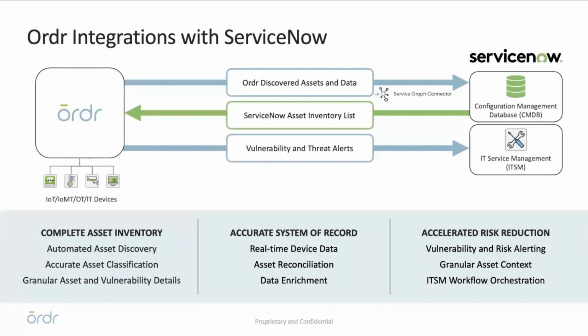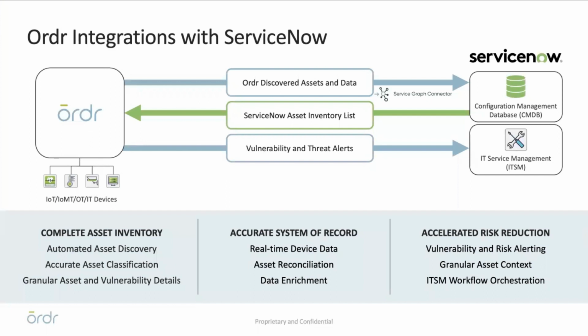And the second thing is we also pull the data from CMDB on all the assets that ServiceNow has, including the additional context that we might not be able to see using the passive traffic. And the last set of data that we exchange with ServiceNow is about our vulnerabilities and threats. So this gives you visibility into what are the devices, where are the devices connected to, and what is the risk context of those devices.